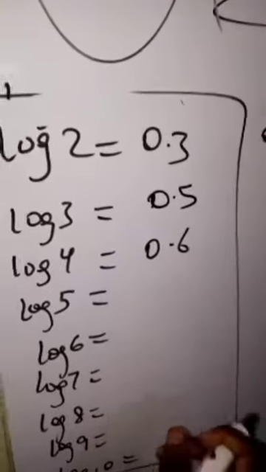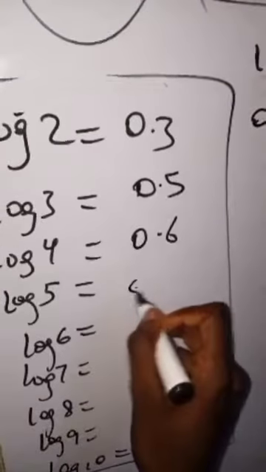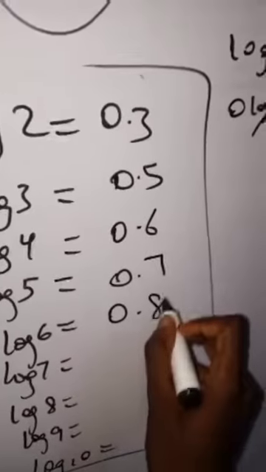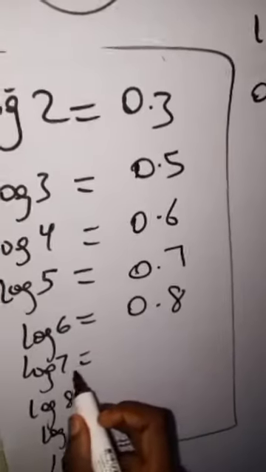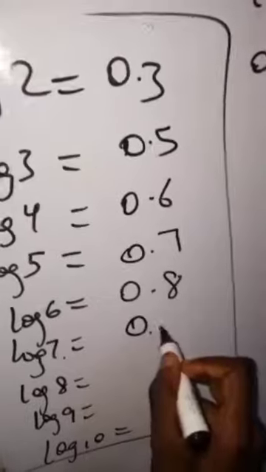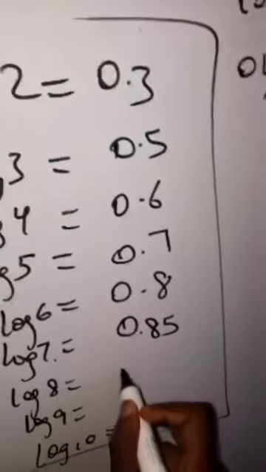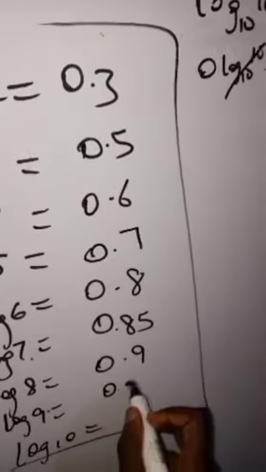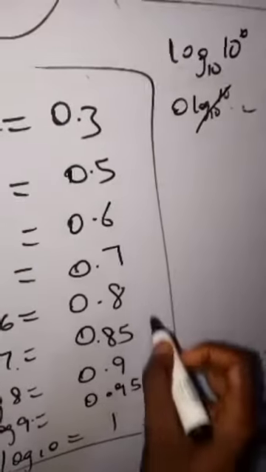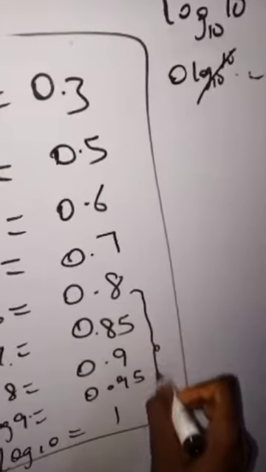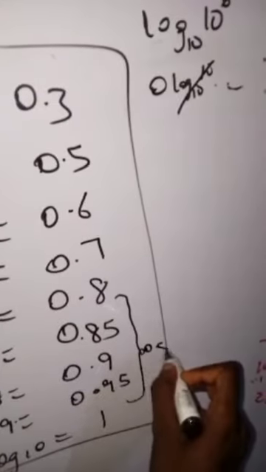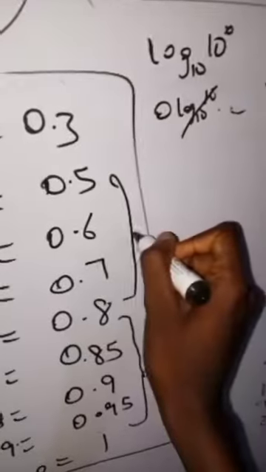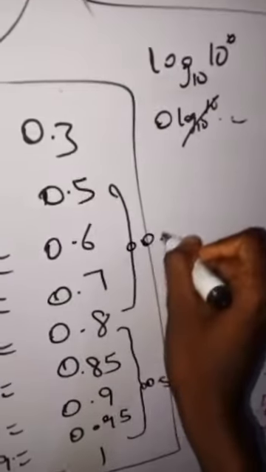So this is what you'll just have to master. Log 5 is what? 0.7. Log 6 is 0.8. Log 7 is 0.85. Log 8 is 0.9. Log 9 is 0.95. You will notice a trend. From this place to this place, they are increasing by 0.5. From here to here, they are increasing by 0.1.